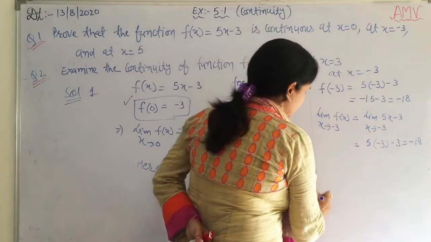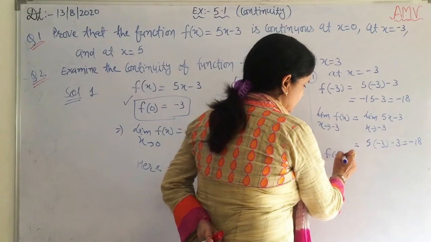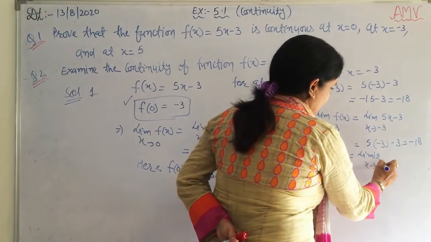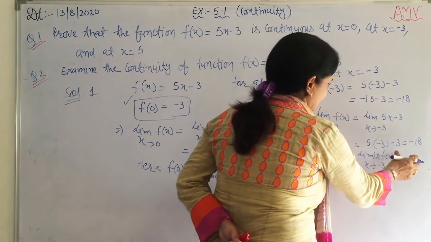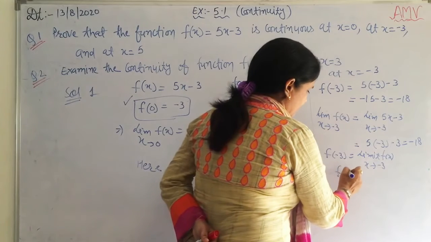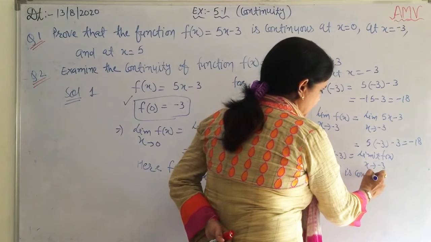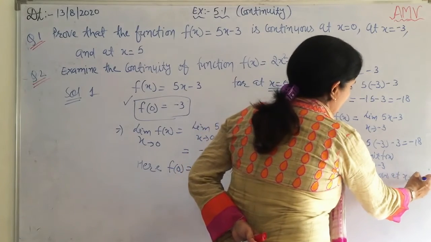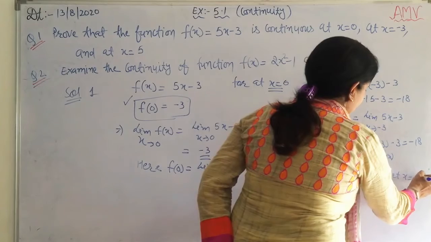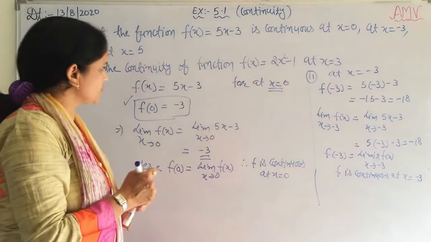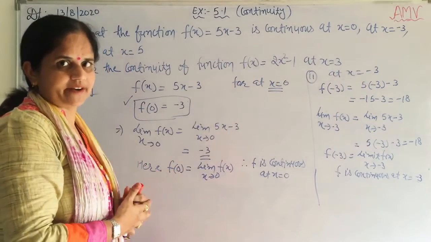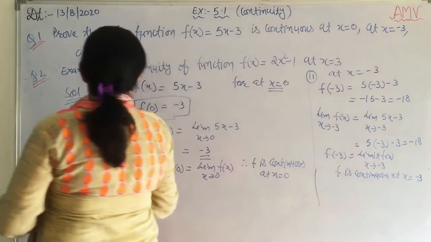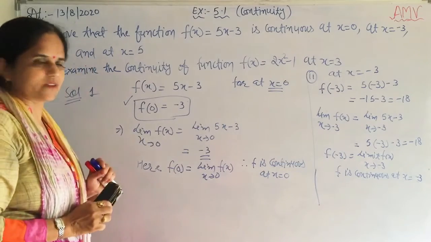So here also f(minus 3) is equal to the limit as x tends to minus 3 of f(x). So you have to write that the function is continuous at x equal to minus 3. First write that the function is defined, and then find the limit and the value of the function.